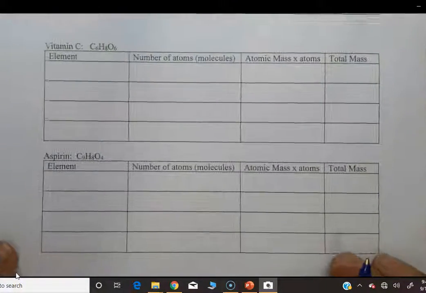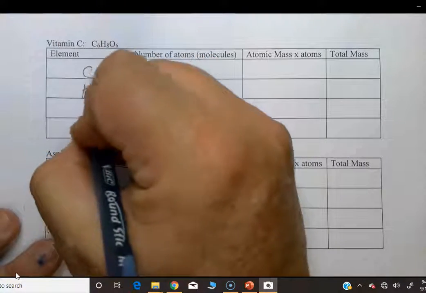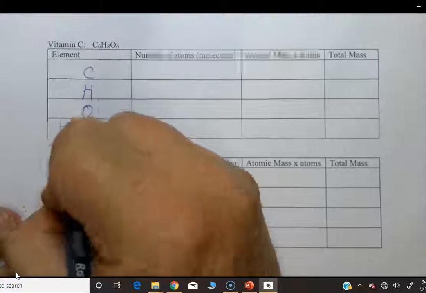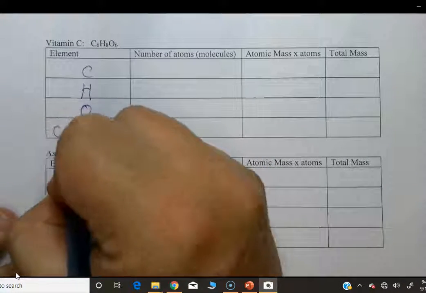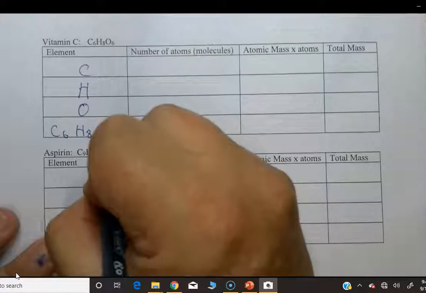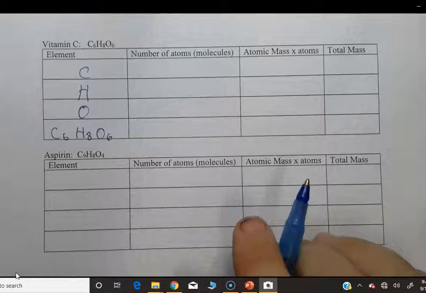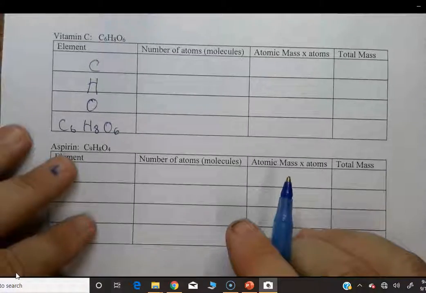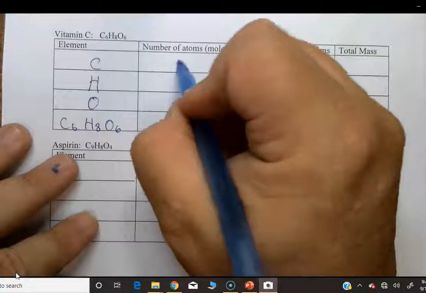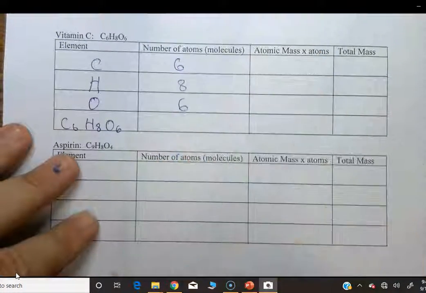Okay, next is vitamin C, another carbon, hydrogen, oxygen compound. Carbon, we have 6, hydrogen 8, oxygen 6.